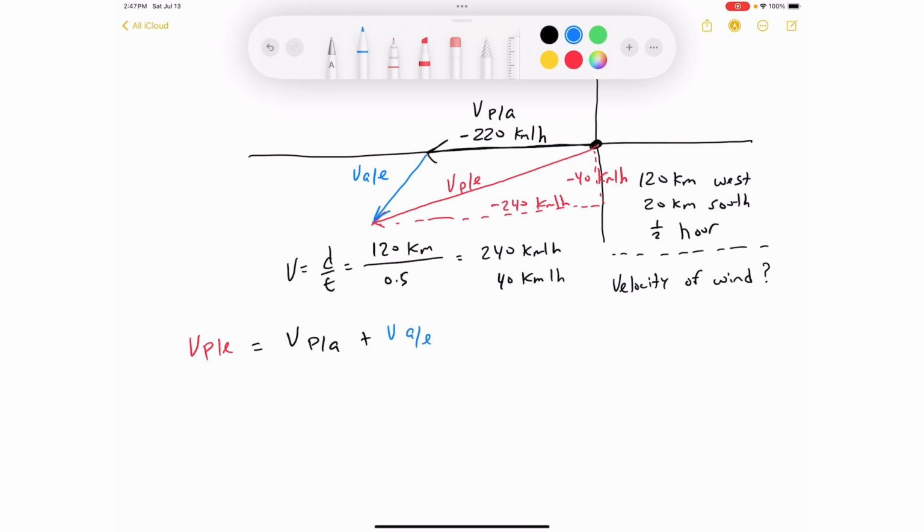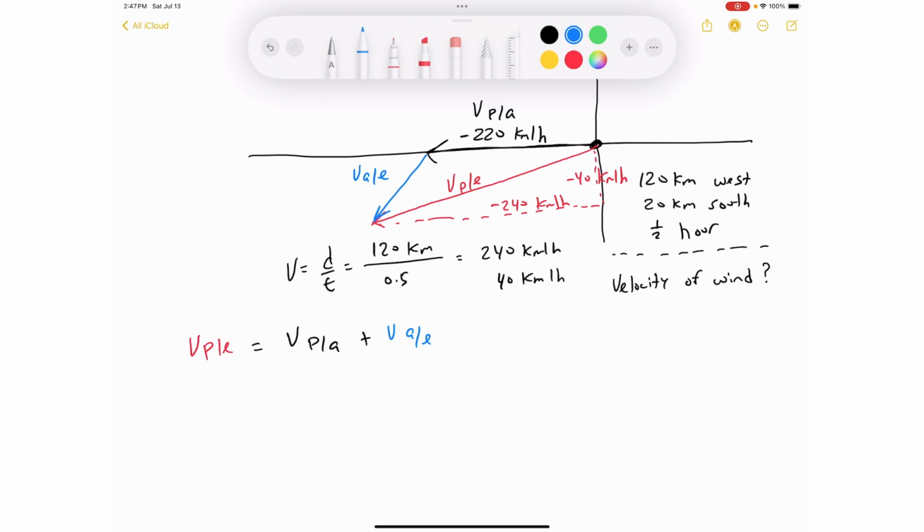So you could see, if you canceled out the a, when you say the velocity of the plane relative to air plus the velocity of air relative to Earth, you would end up with p over e, or the velocity of the plane relative to the Earth.